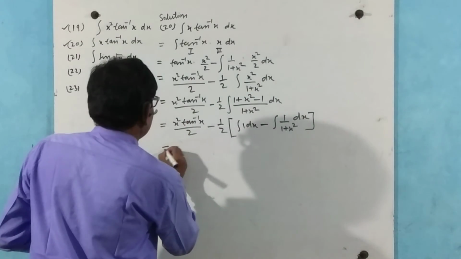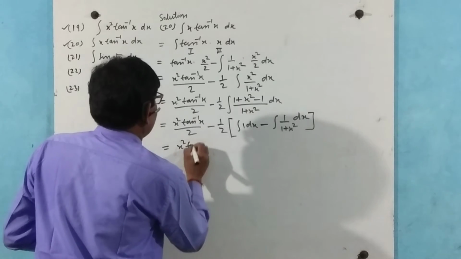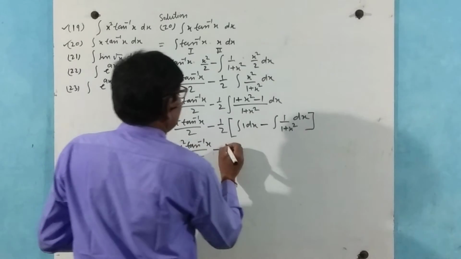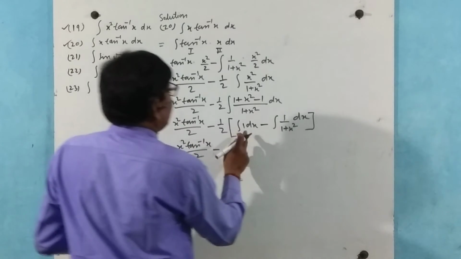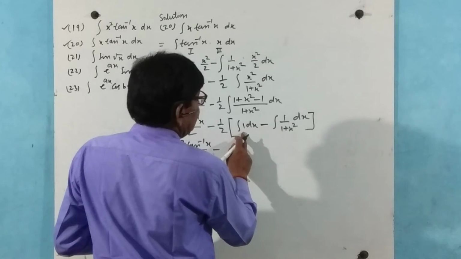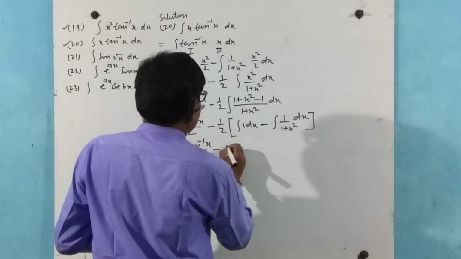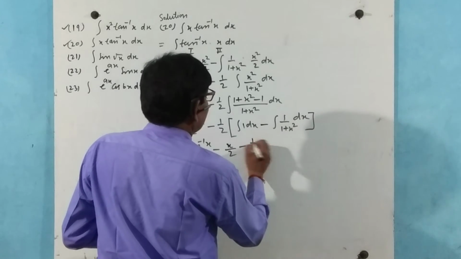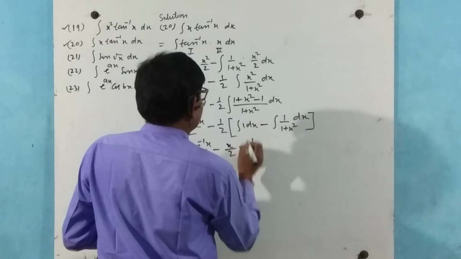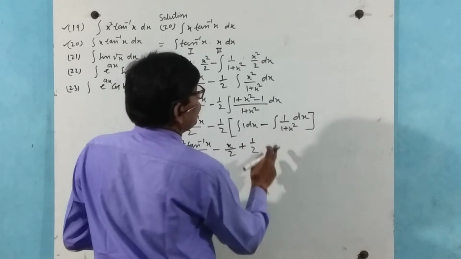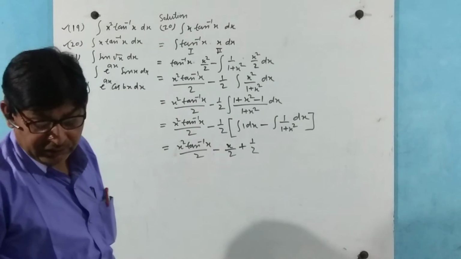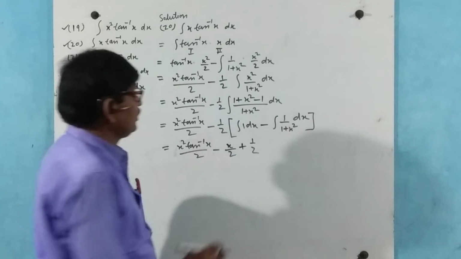Now this can be written as x square tan inverse x by 2 minus 1 by 2 times x, since integration of 1 dx is x, plus 1 by 2 integration of 1 by 1 plus x square, which is tan inverse x.